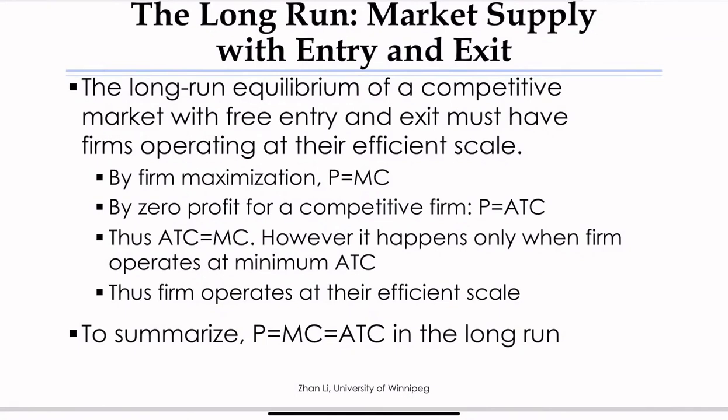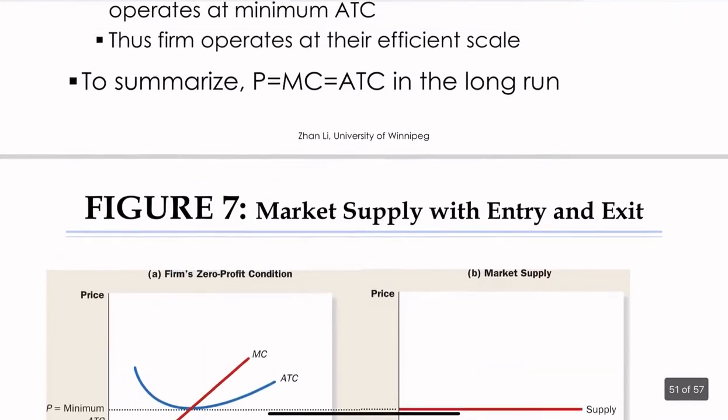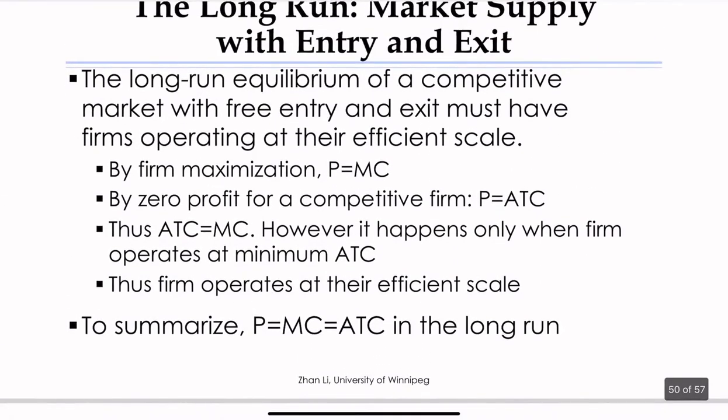Now, let's talk about another result. That is, in the long run, because firms can enter and exit the market, all firms will earn 0 profit, and all firms will operate at their efficient scale.